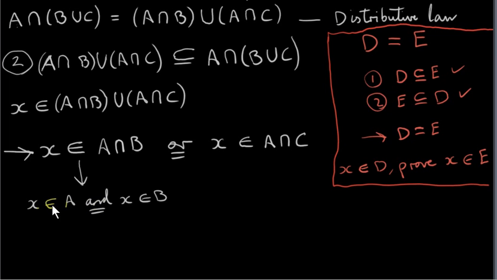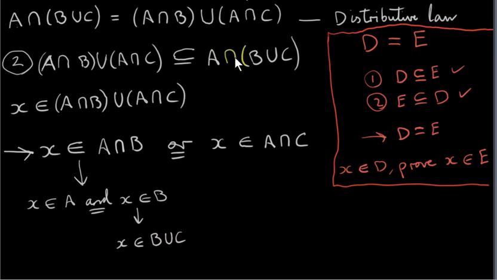Now, let's just have a quick look at the right hand side here. If X is in A intersecting B, then X must be in the set B. But if X is in B, it means that X must be in this set here, B union with C, because to get B union with C, we just add C onto B, that's all. So if X is in B, it's obviously in B united with any other set.